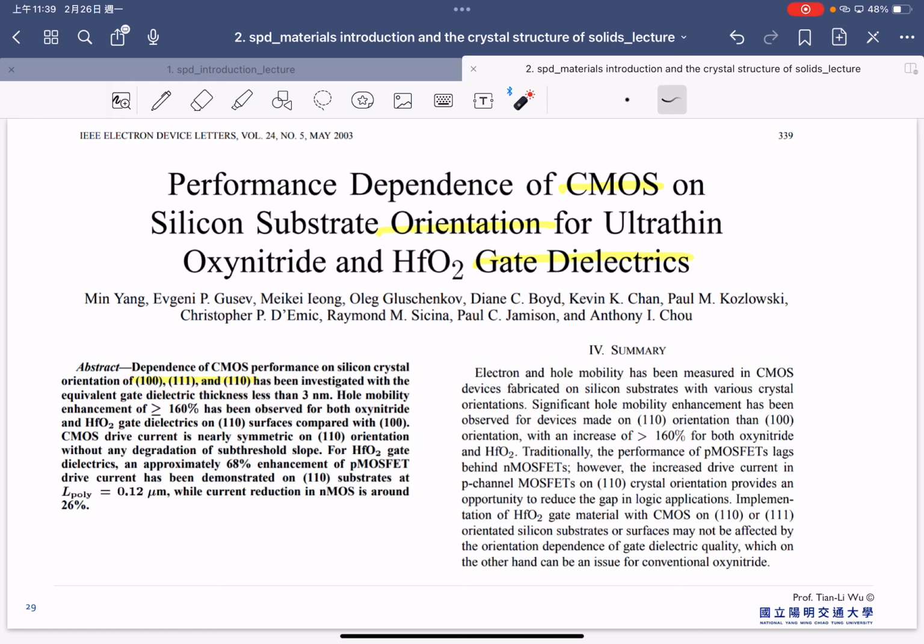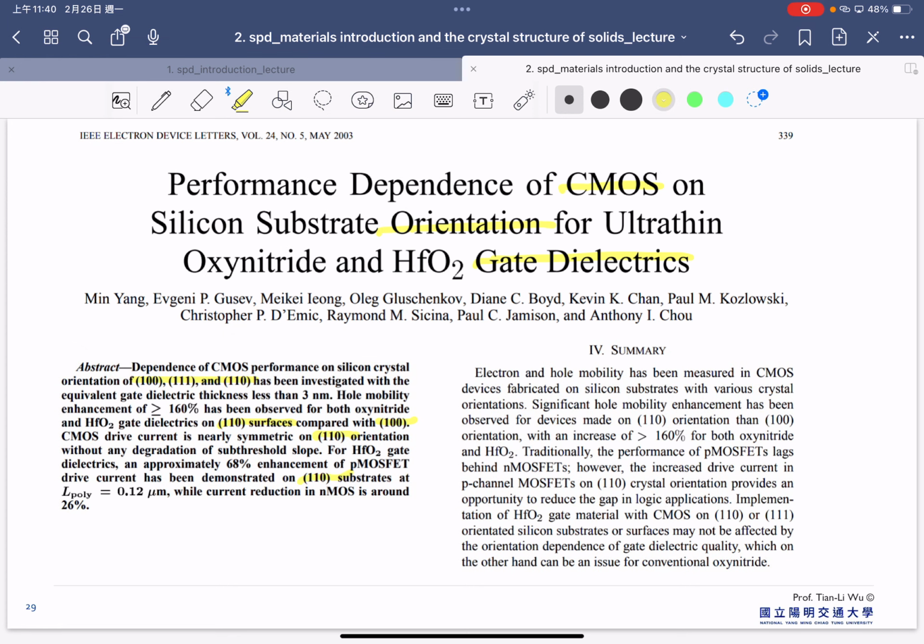There's a hole mobility discussion, and then again, the 110 surface. So again, to illustrate, we need a certain name to indicate the plane we are interested in. Here he mentioned the 110 surface, which is a certain plane in the crystal, compared with 100. And CMOS driving current is nearly symmetric on the 110 orientation and 110 substrate.